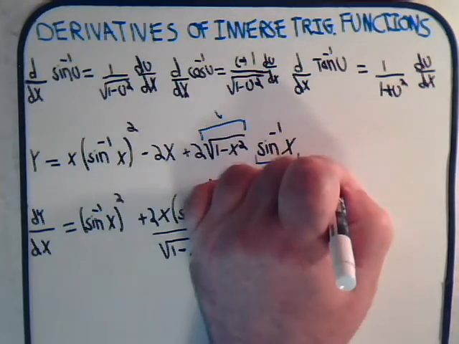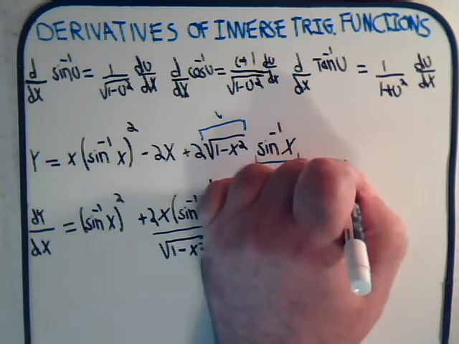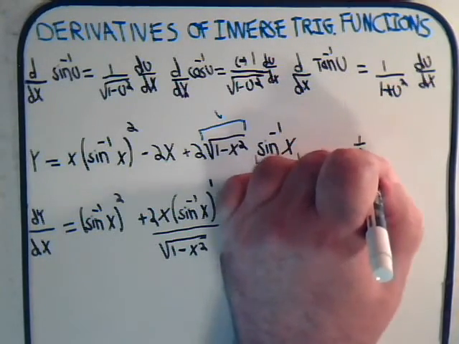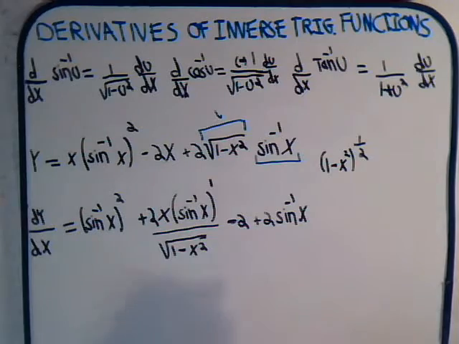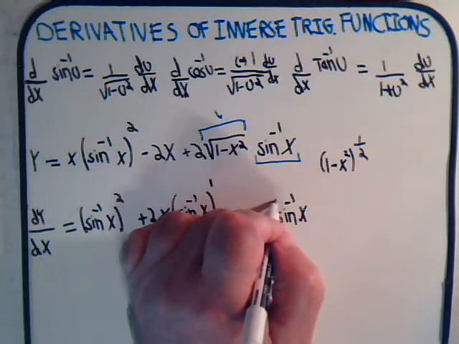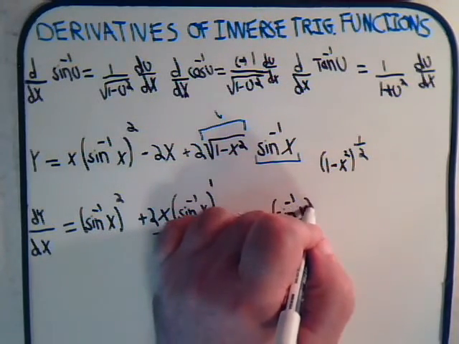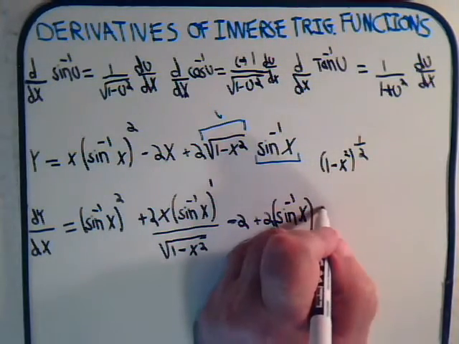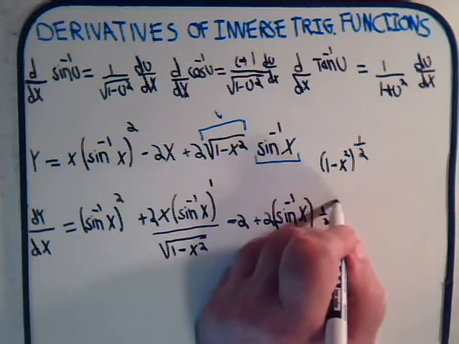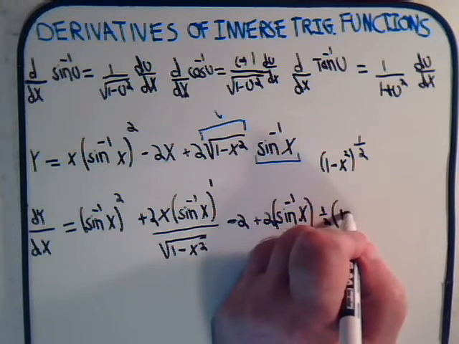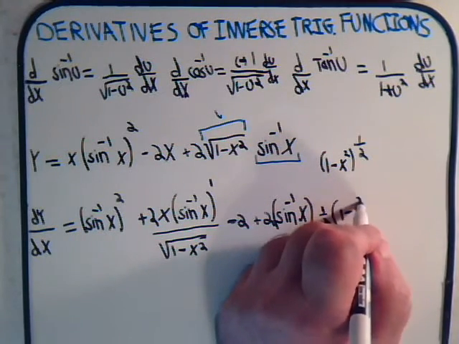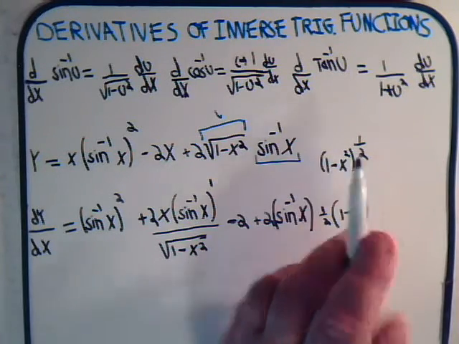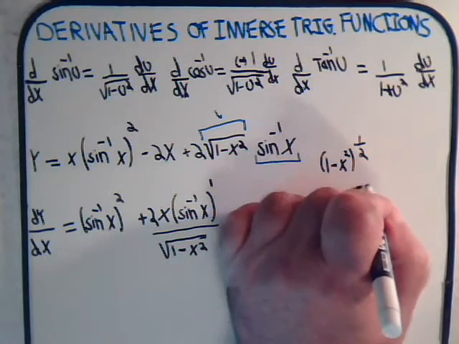We have 1 minus x squared to the 1/2 power. So that's going to be this, and let's just multiply these in parentheses just to make sure that we don't get things mixed up here. I'm going to have 1/2 times 1 minus x squared, and the new exponent is going to be 1/2 minus 1, or that's minus 1/2.